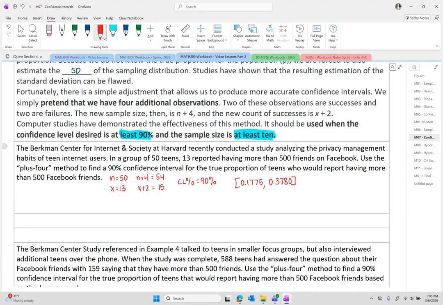And we are 90% confident that the true proportion of teens who report having more than 500 Facebook friends is between 17.75% and 37.80%.